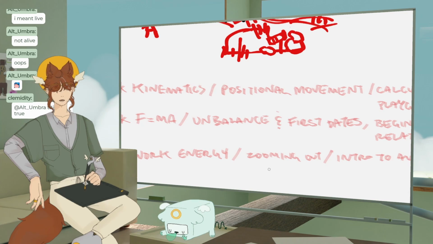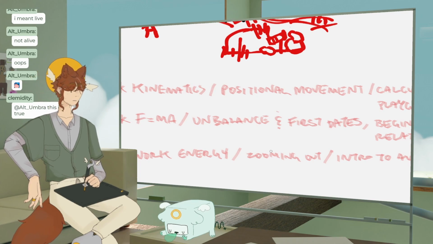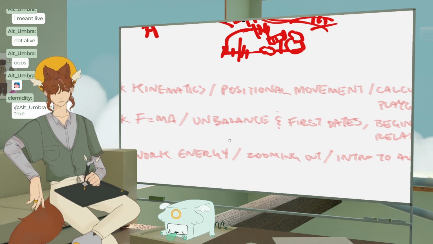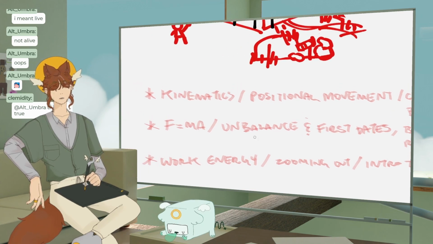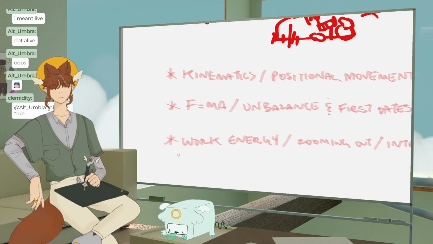Zooming out in that sense as well, where you want to look at the beginning and the end, and don't care about anything in the middle. Whereas F equals MA is very much like, let's look at a changing picture at one moment of time and really get in there.